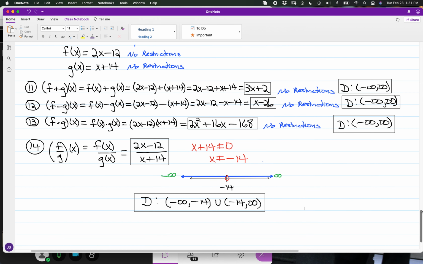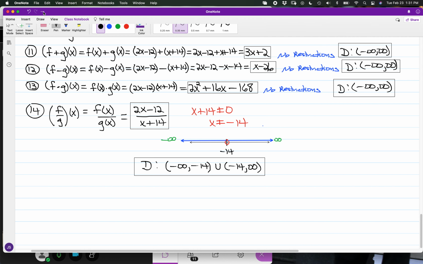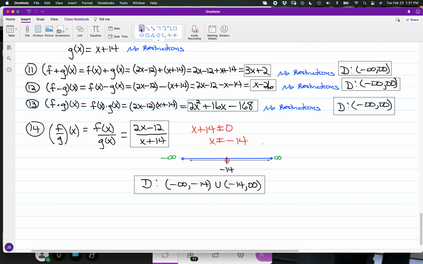Now, and what we have regarding the composition of functions, and we have concerning numbers 15 and 16. And in a sense, okay, we'll be hitting a reset button.